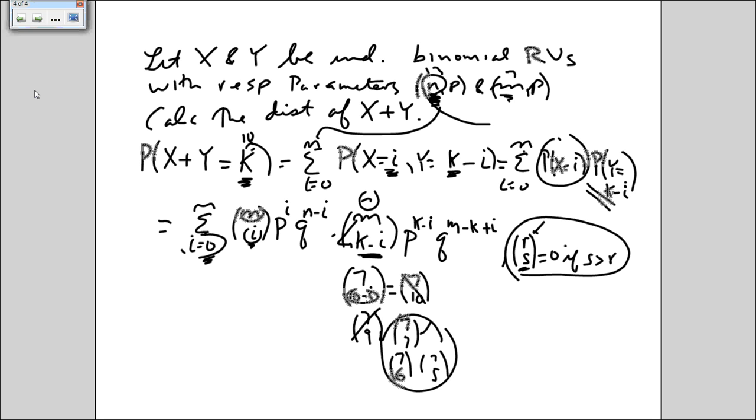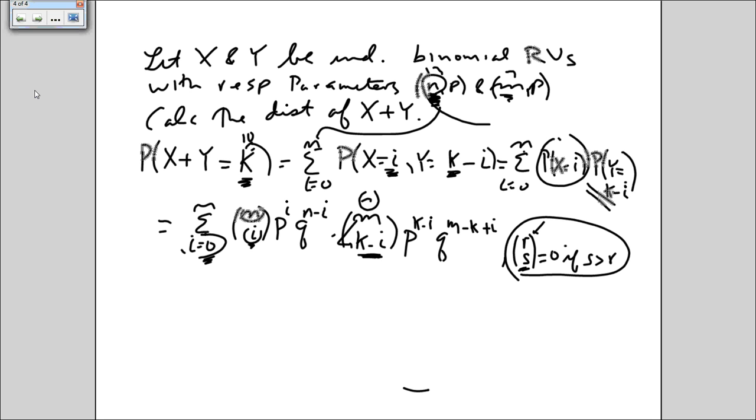It's very important. Now, what exactly is going on here? Well, you can't have every combination. In other words, if k is 10, and n is 13, and m is 7, you can't have x being 13 successes and y being negative 3.